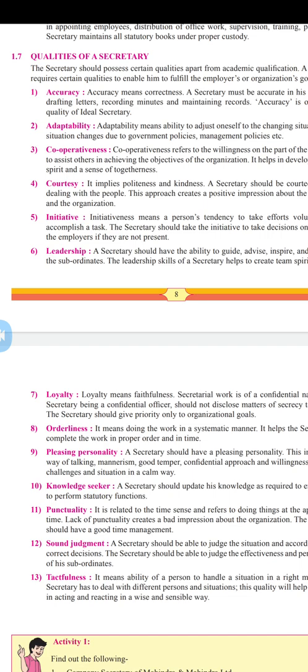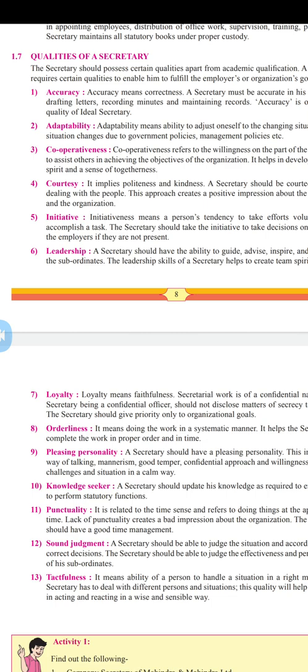Then third is cooperativeness. Cooperativeness refers to the willingness on the part of the secretary to assist others in achieving the objective of the organization. Secretary must be cooperative. He must help others and try to solve their problems. This will help in developing team spirit and sense of togetherness in the organization.